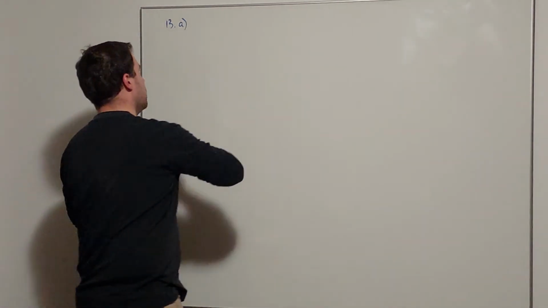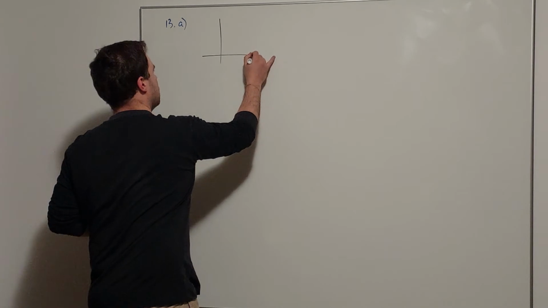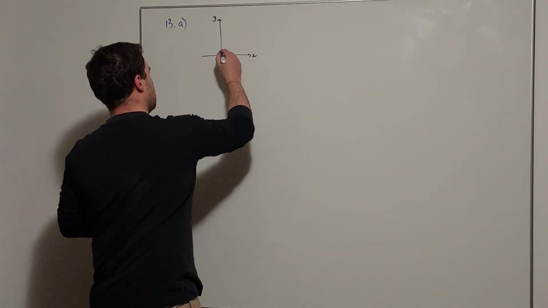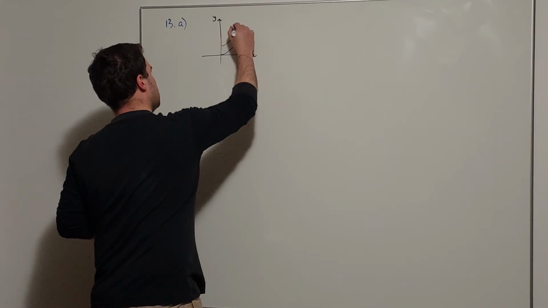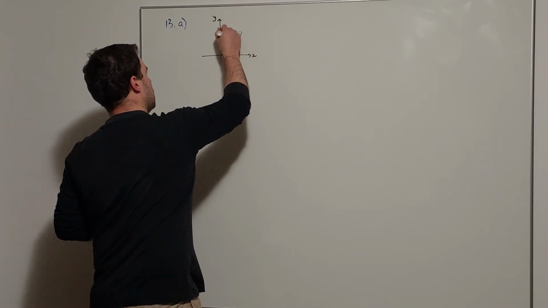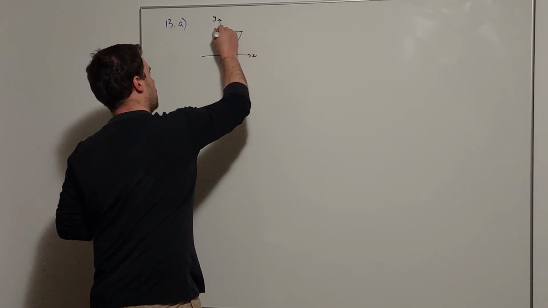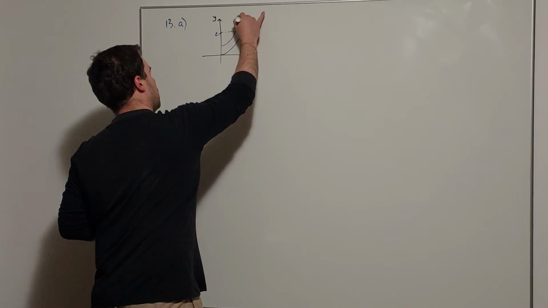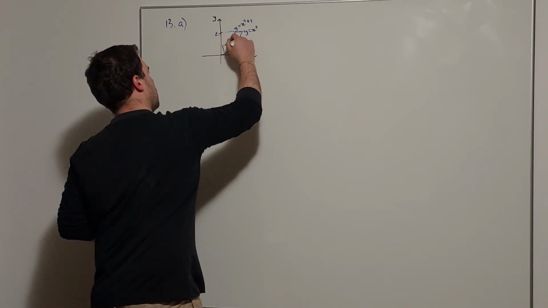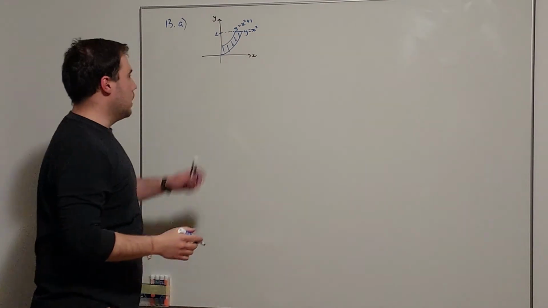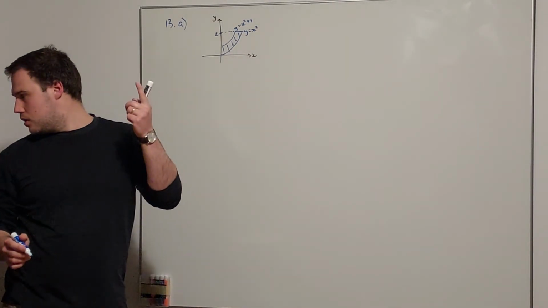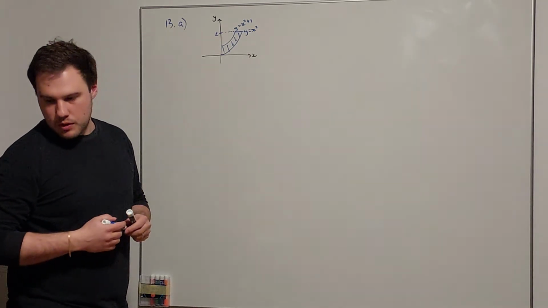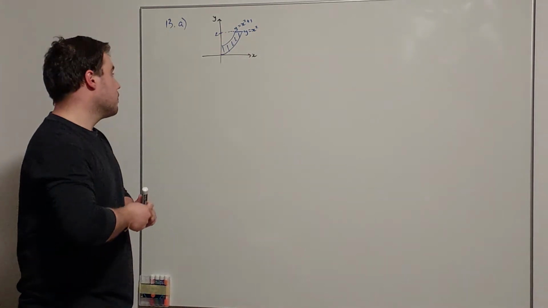Okay, so we've got y equals x squared, y equals x squared plus 1, so we get that, and it's rotated around the y-axis, and it makes the bowl kind of shape that you can see in the picture.